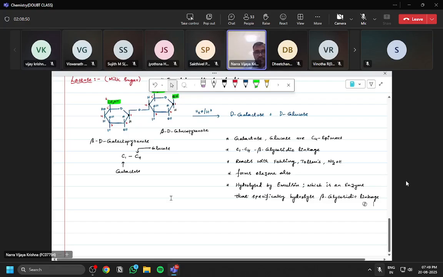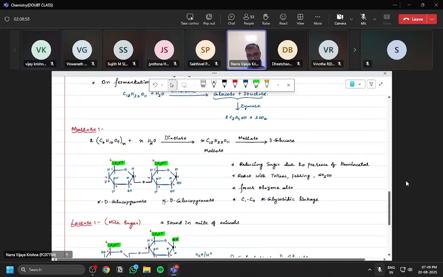Next one. If both are alpha D-glucopyranose, we call it maltose. If both are beta D-glucopyranoses, then it is called cellobiose.